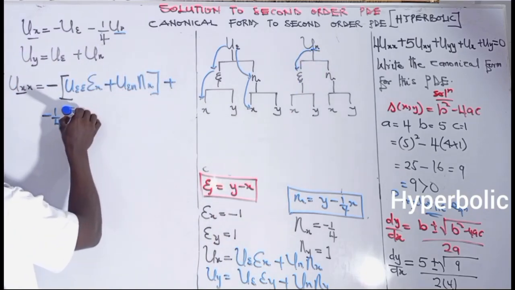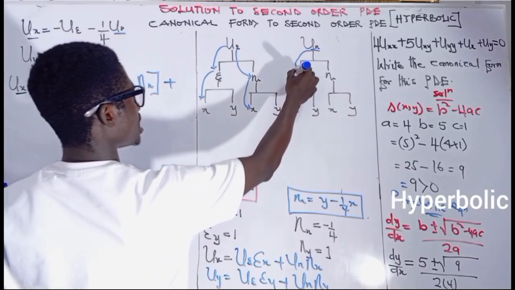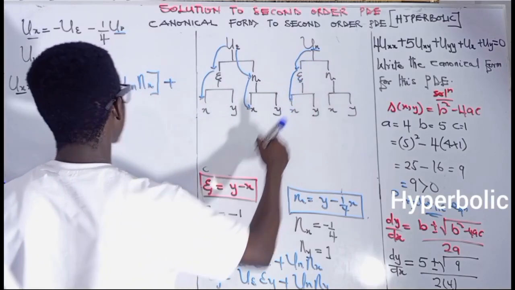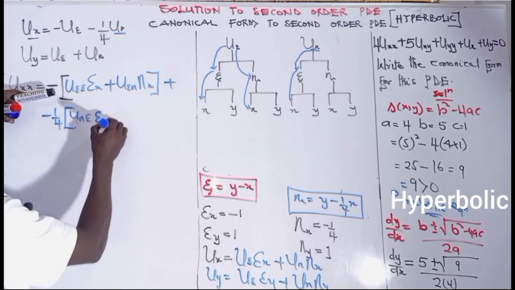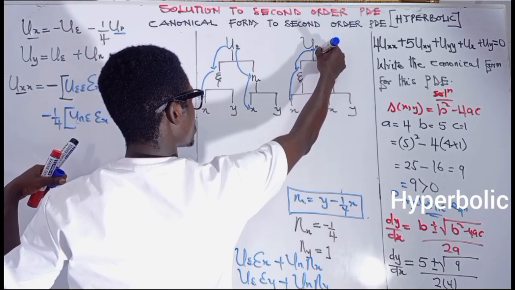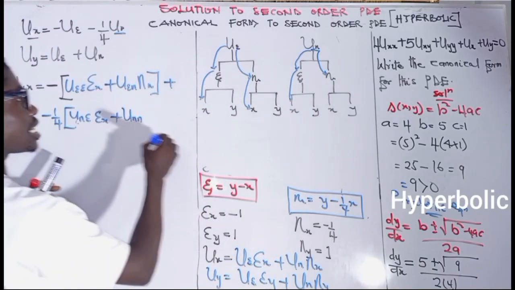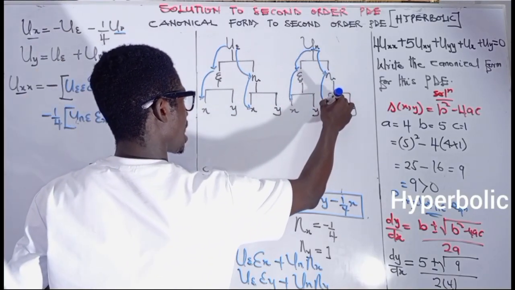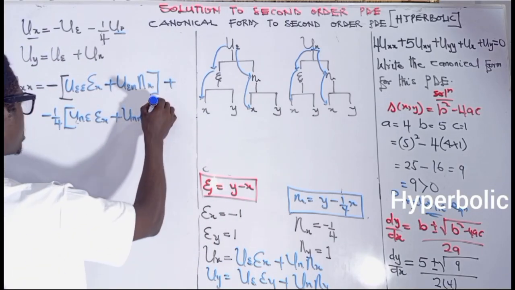Then you write it u eta xi. Then move on to the x column because we are taking it with respect to what? X. Then we have xi x. We also have an x here, so we move in this column. U eta eta. Then we have eta x. So we are done with it.